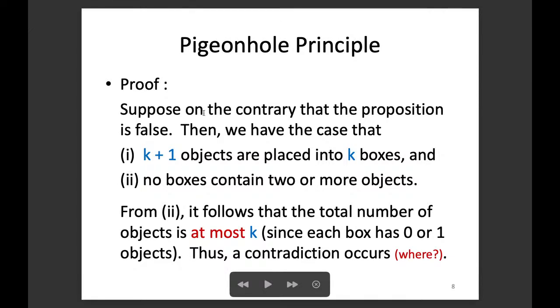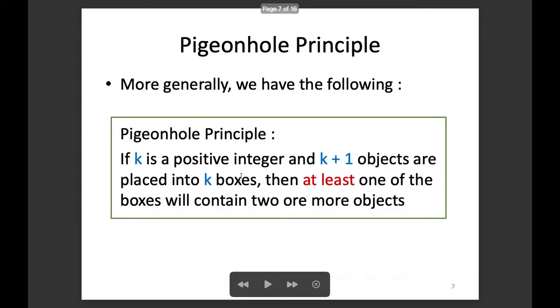We are going to show this by contradiction. Suppose, on the contrary, that this proposition is false. What does that mean? To make this false, it means that it is possible to have k plus 1 objects distributed into k boxes, but every box contains 1 or fewer objects, right?